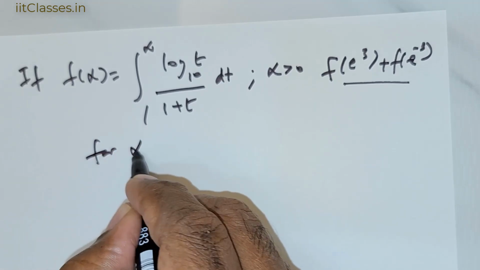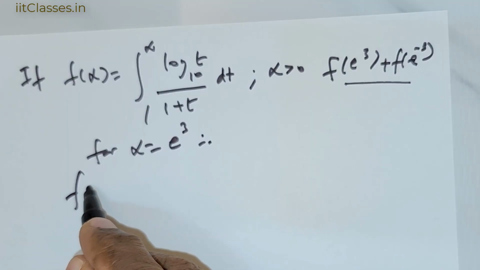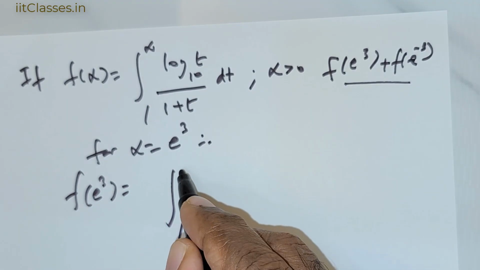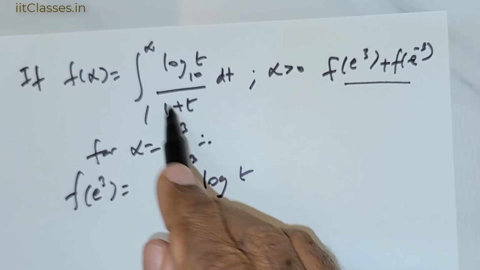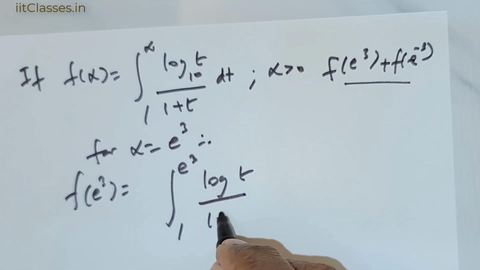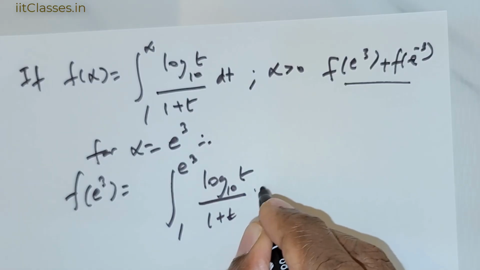Now for alpha equal to e raised to the power of 3, we got f of e raised to the power of 3 is equal to the integral from 1 to e raised to the power of 3 of log t divided by base 10 over 1 plus t times dt.